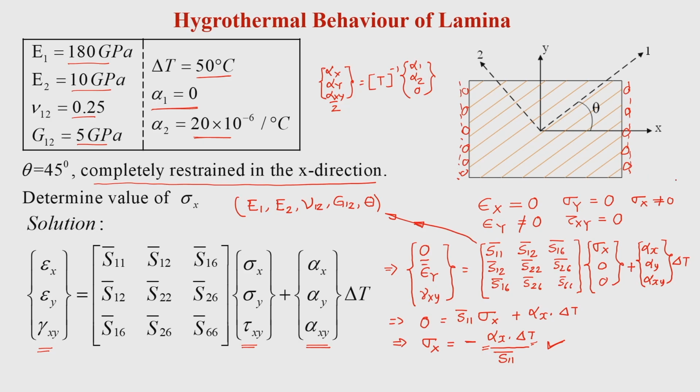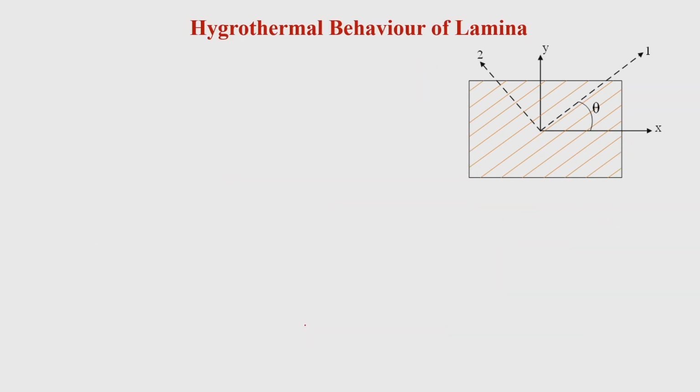So, what we understood is that we can have the hygrothermal stress strain relationship in the material axis as well as in the global axis. We can find out the strains along the material axis and transform them to the global axis, or we can transform the coefficient of thermal expansion to the global axis and directly find the strain.